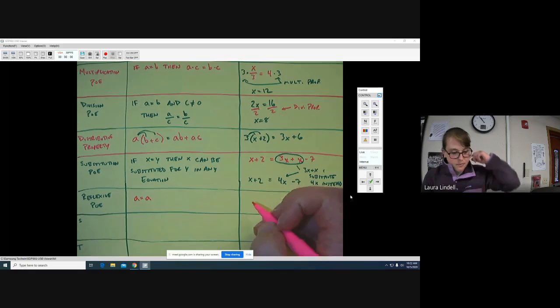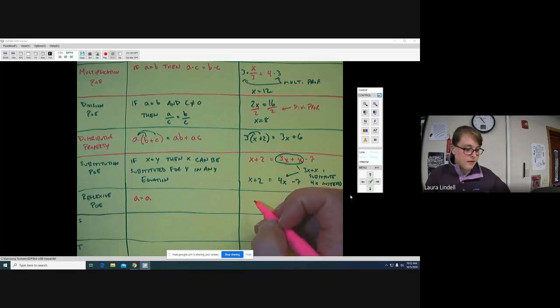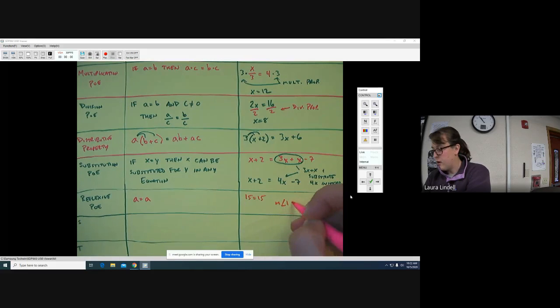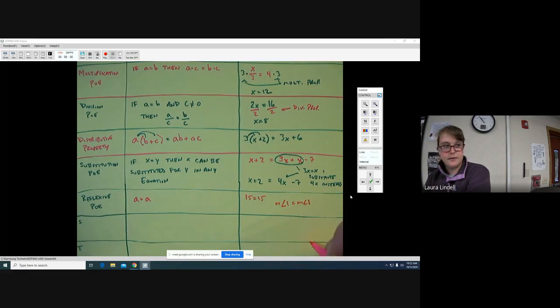So, examples of the reflexive property are going to kind of follow the same way. 15 equals 15. Measure of angle 1 equals measure of angle 1. Segment AB is equal to segment AB.